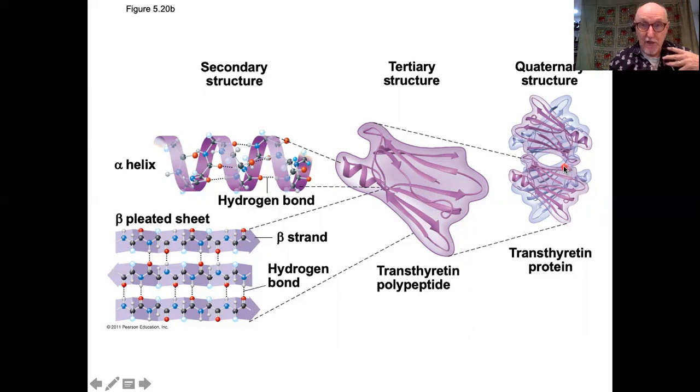Then the quaternary structure: we take 2 or more polypeptides and we join them together. Here, by the way, these are very, very similar proteins which form the quaternary structure. Sometimes the polypeptides may be quite different to one another in the mature protein. Primary, secondary, tertiary, and quaternary.